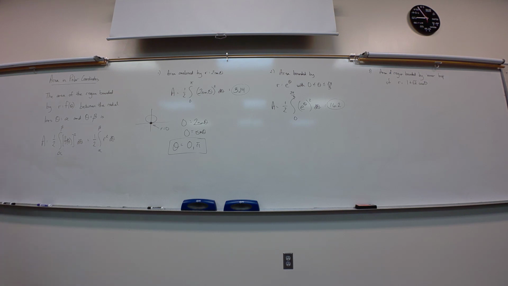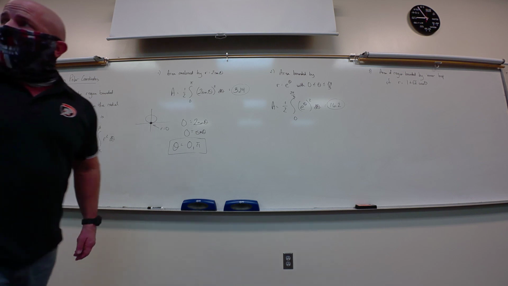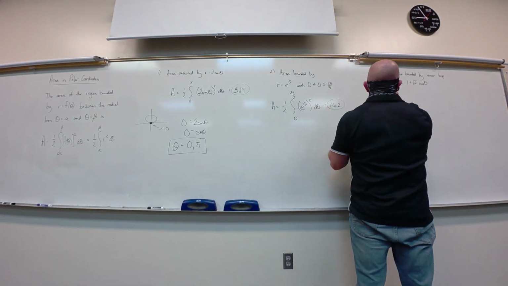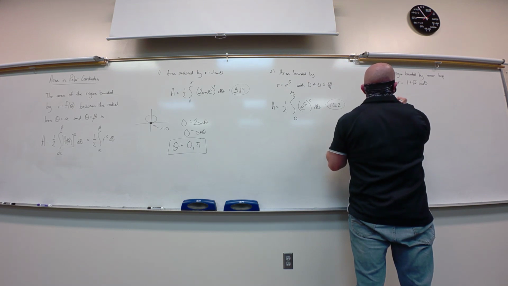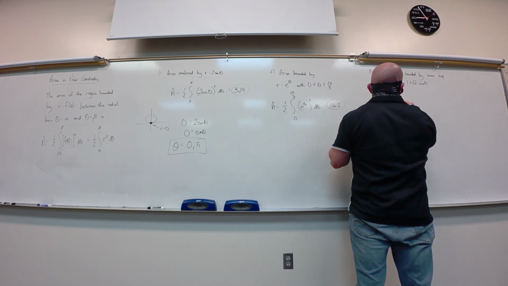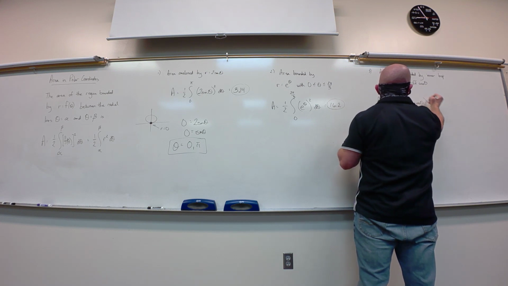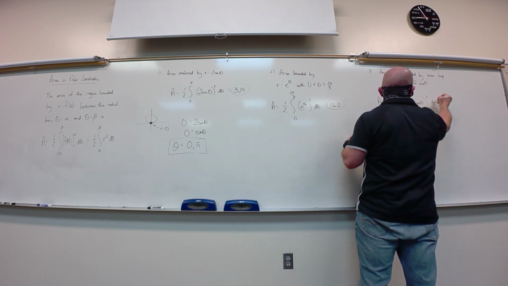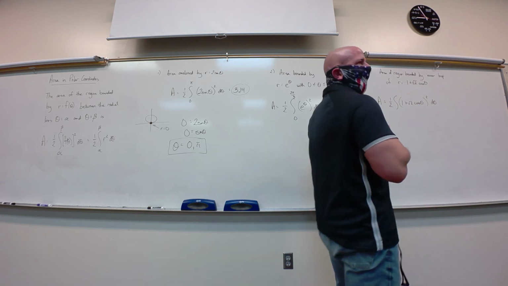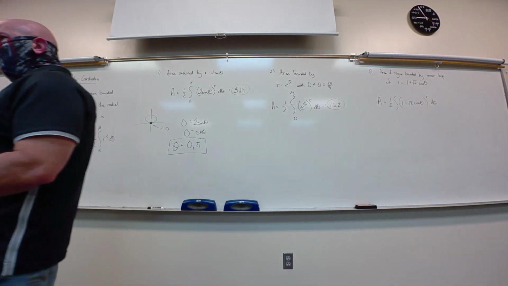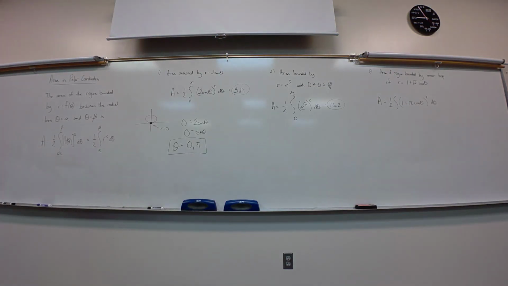Okay, now we're back to one that's tougher. As far as what we've got to do, it says the inner loop, but let's go ahead and get down what we know. We're going to have a half integral of 1 plus root 2 cosine theta, all of that squared, d theta. What's making it more difficult is that it says an inner loop, but that doesn't really matter.